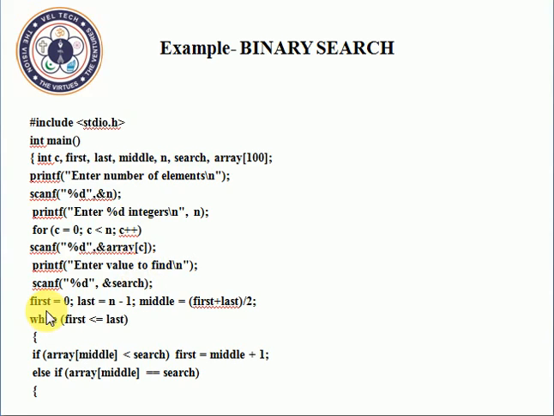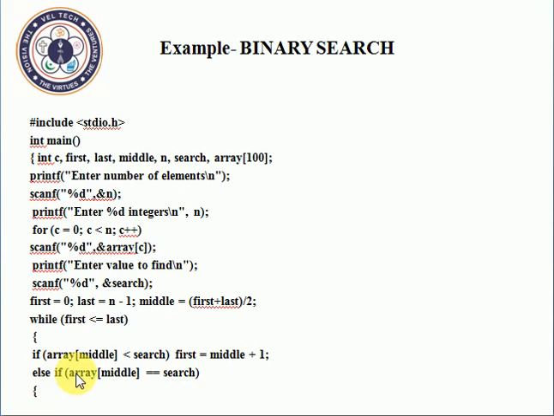Then I set my first value equal to 0, last value equal to n minus 1, and middle equal to (first plus last) divided by 2. By using a while condition, if first is less than or equal to last, the array of middle is compared with the search value. If array of middle is less than search, first equals middle plus 1.